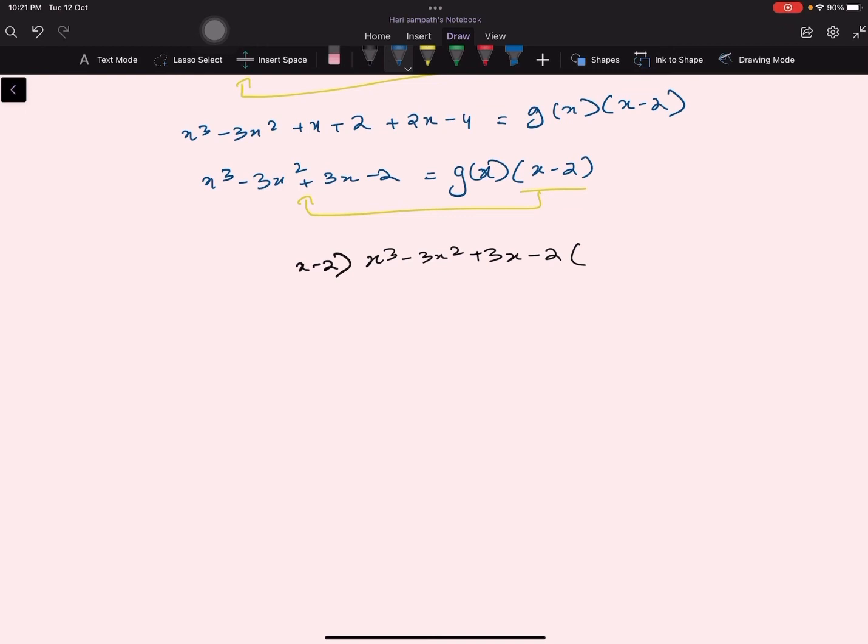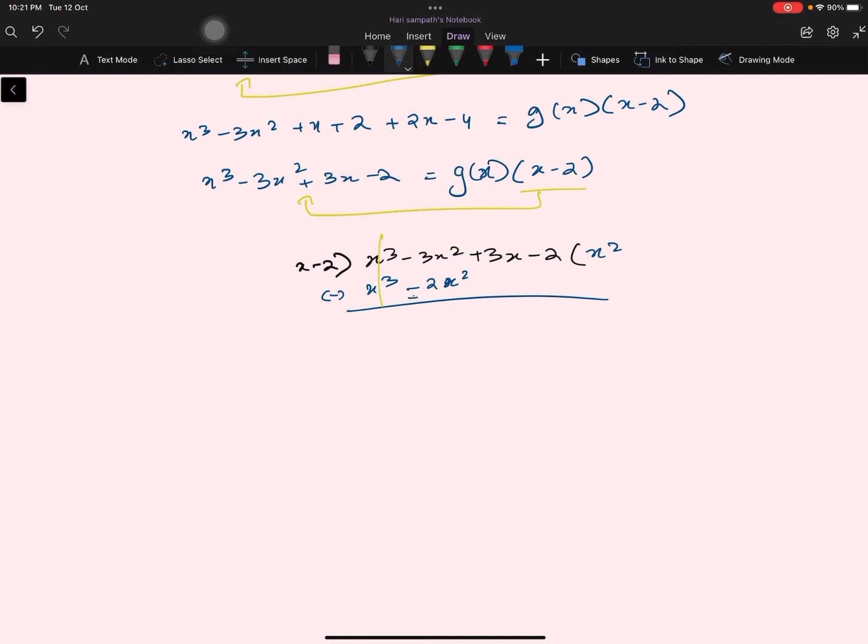And x square minus. We are going to be multiplying it with x square. So we get x cube and x square, we get minus 2x square. I'm going to subtract them now. These two cancel each other out.